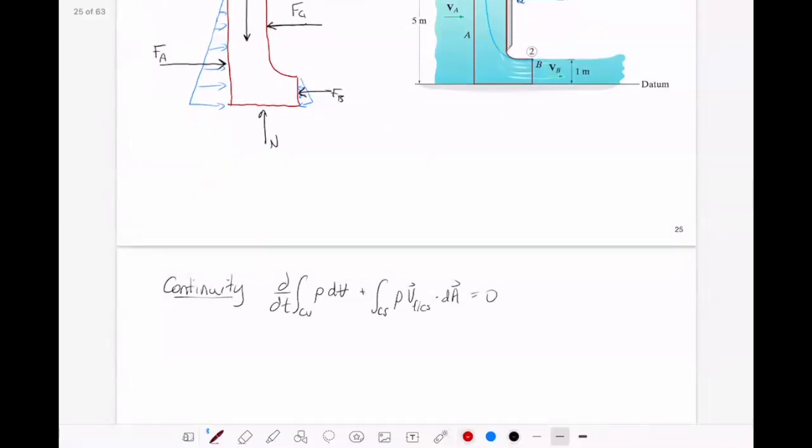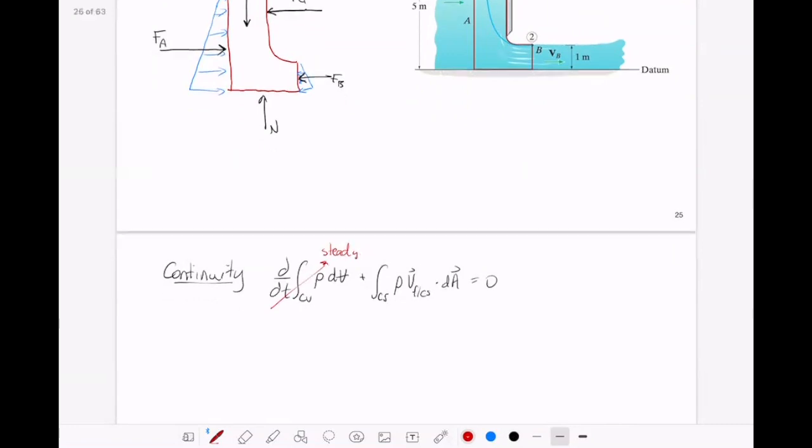It's steady. So our left term is 0, so all we have is our mass flow out plus mass flow in.